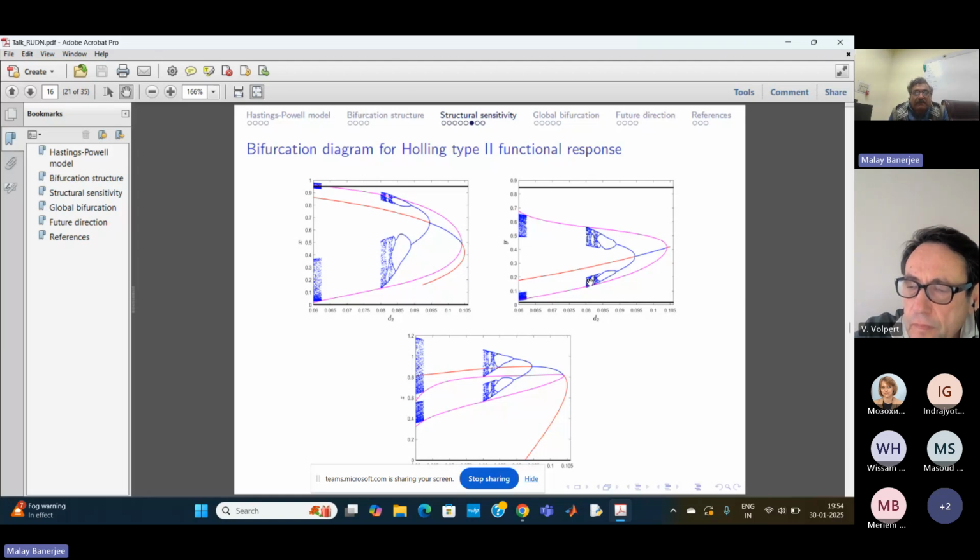But roughly what we explored is that there is a riddled basin, so there is no single smooth curve which demarcates the basin of attraction for the limit cycle in the XY plane from the chaotic attractor in the interior of the first quadrant. Rather, it is a riddled basin.